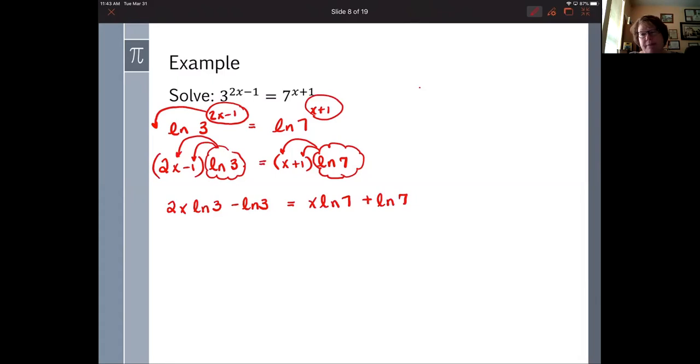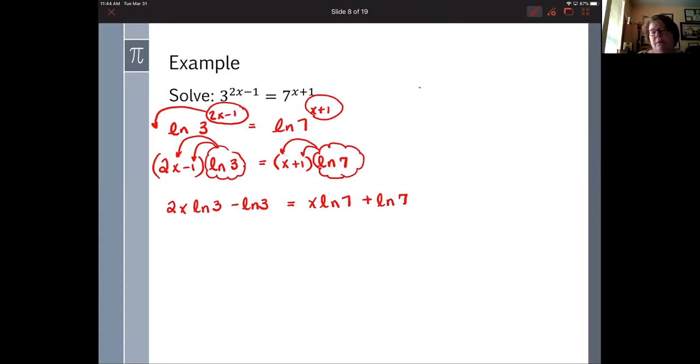Now, if you're solving an equation where your variable is on 2 different sides of the equation, then you need to get your variable on one side of the equation. So I either need to subtract the 2x natural log 3 from both sides, or I need to subtract the x times the natural log of 7 from both sides. And it really doesn't matter which way you do it. I'm going to subtract x times the natural log of 7 from both sides of my equation.